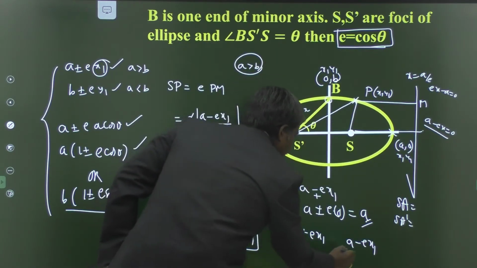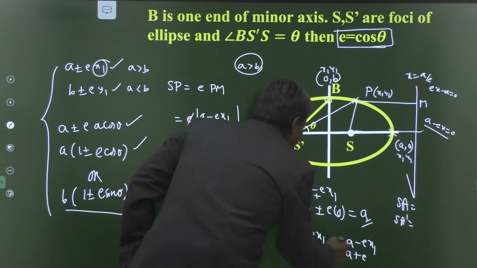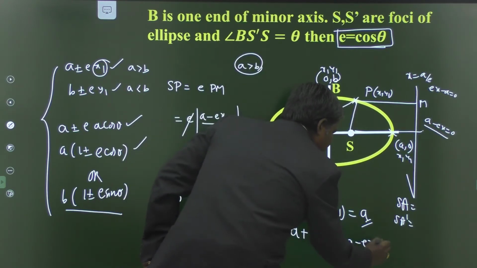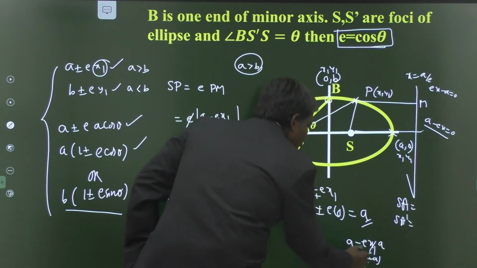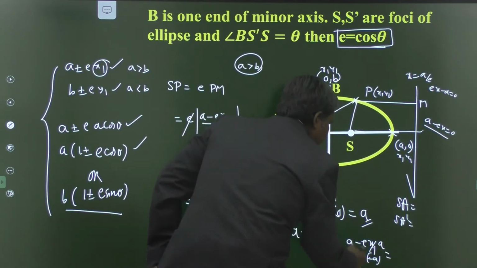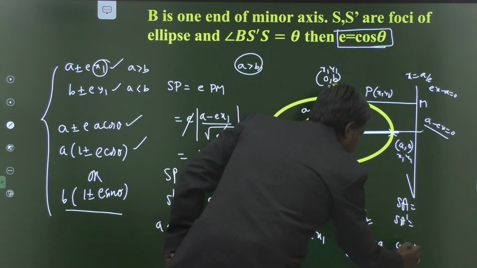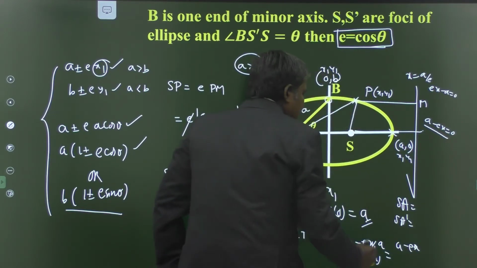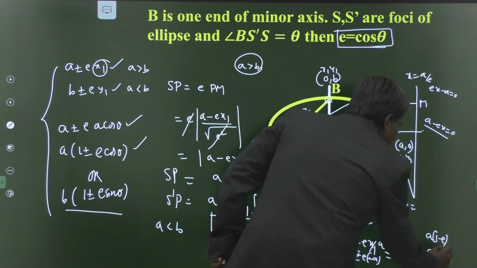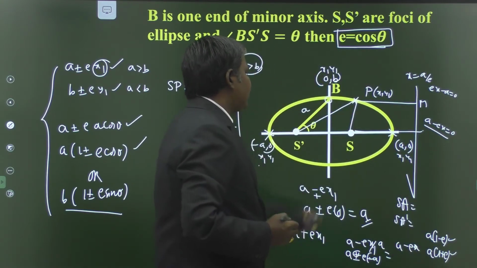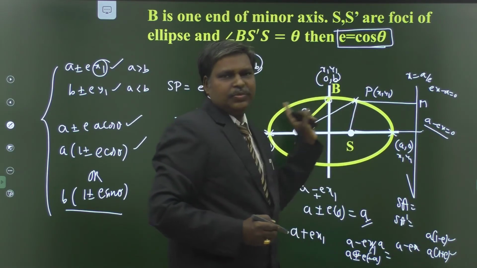For x1 equal to a, we have a plus ex1. Minus into minus is plus. So a minus e into a, that is a into 1 minus e, and a into 1 plus e are the shortest and longest distances from the focus to a point on the ellipse.